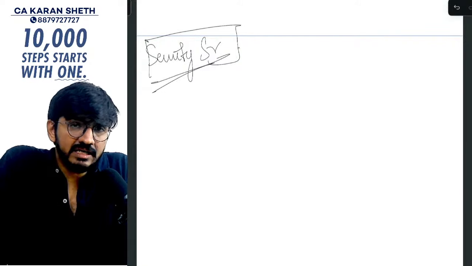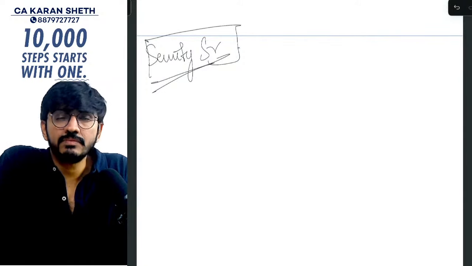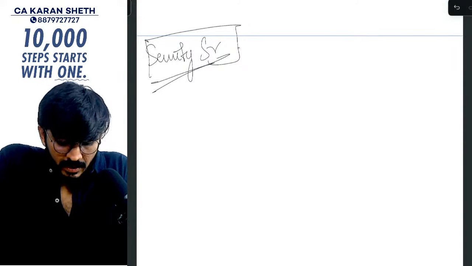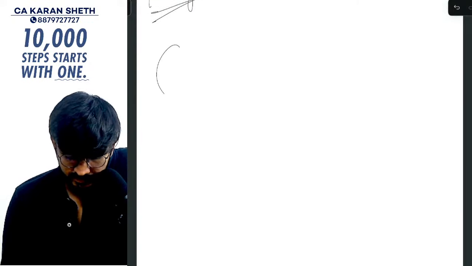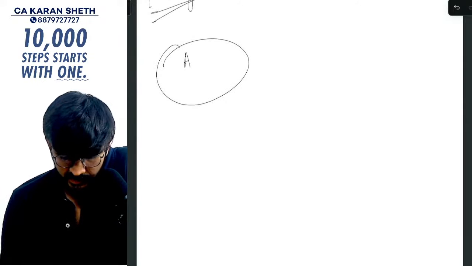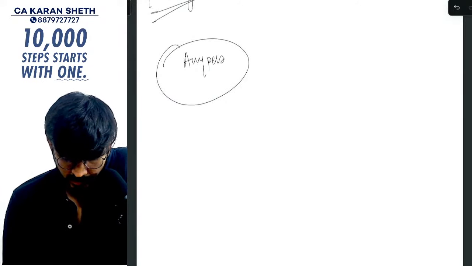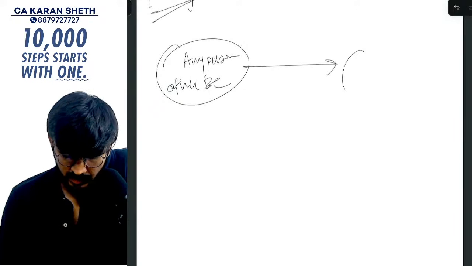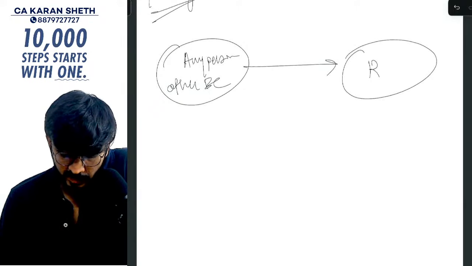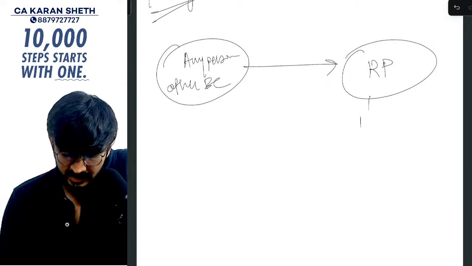Okay, in that case, my dear friends, please understand one thing: if the supplier is any person other than a body corporate, and the recipient is a registered person, RCM shall apply.